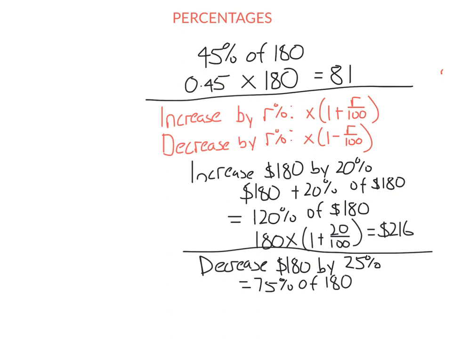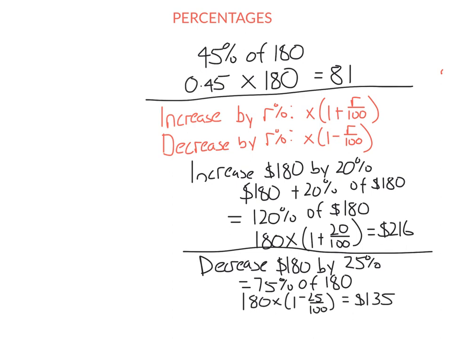So it's just a percent of a quantity. So using this formula here, 1 minus 25 over 100 is 0.75 or 75%. So I could just go 180 times 1 minus 25 over 100, and I get $135. So make sure you note the difference here. 1 plus, we plus when we're increasing by a percent and minus when we're decreasing by a percent.